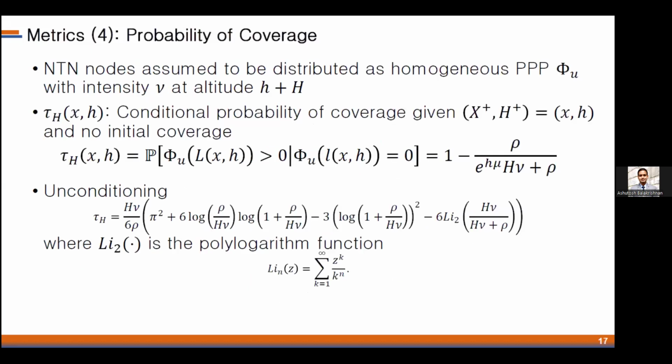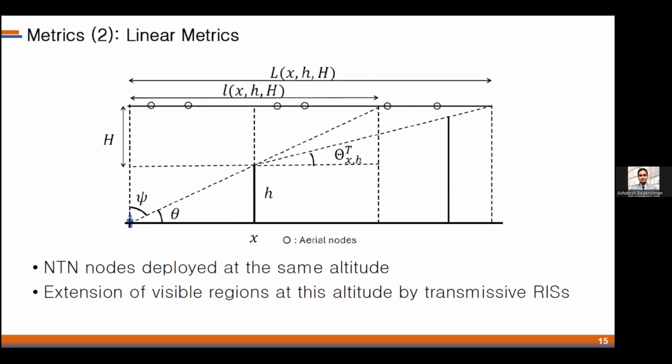We also define the probability of coverage. Here, we assume that NTN nodes are distributed as a homogeneous PPP with intensity nu at altitude h plus H. So you might think that the NTN nodes are deployed above the top of the line, distributed as a homogeneous PPP.